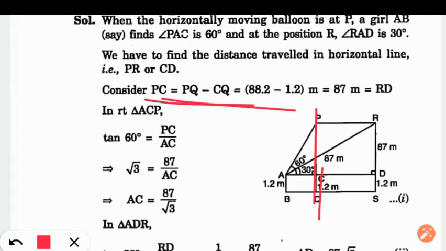PQ by question is given, the height of the balloon from the ground. So, PQ minus CQ gives you PC. PQ was 88.2 and CQ, which is the height of the girl, is 1.2. After subtracting we have 87 meter, which can be RD, because this one and this one both are parallel and equal.